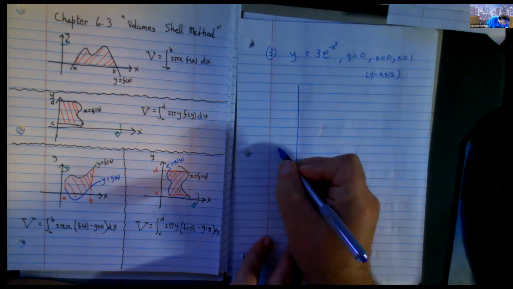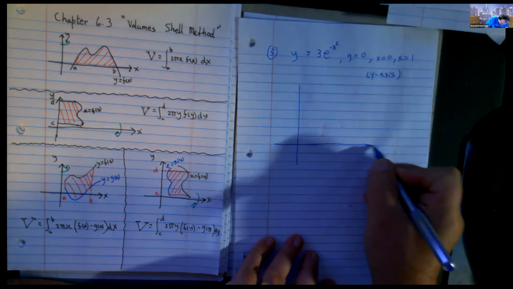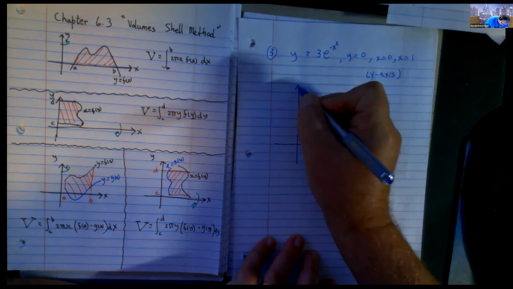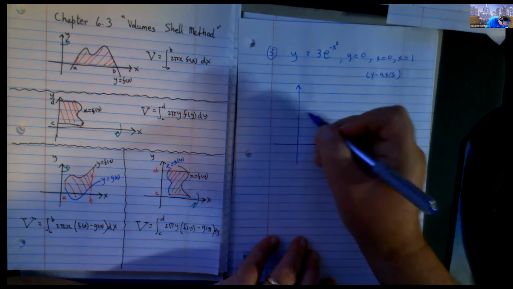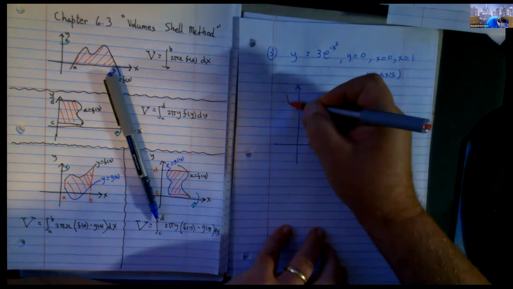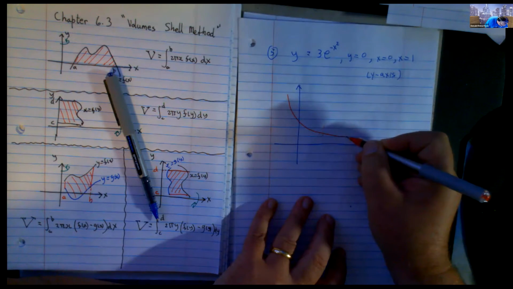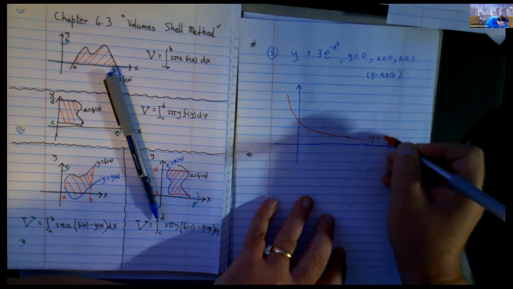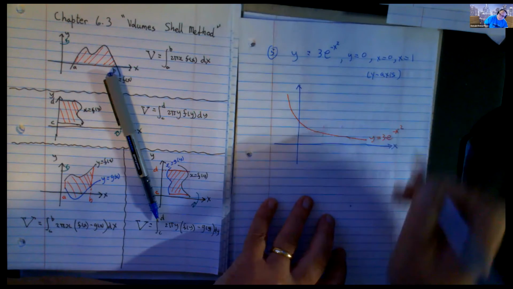So I'll start with my picture of it, and I'll do red because I can. That's basically what 3e to the negative x squared would look like.